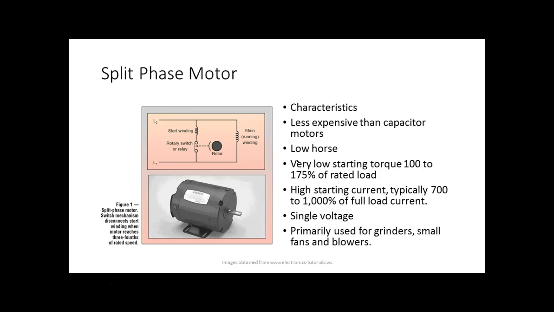Single phase. Y'all know what the full load current is? This is a very important thing. If you look at the nameplate, this is amps. So what is the full load current? When it's running at its rated voltage, at its rated horsepower, at its rated frequency. That's how much the motor should pull.